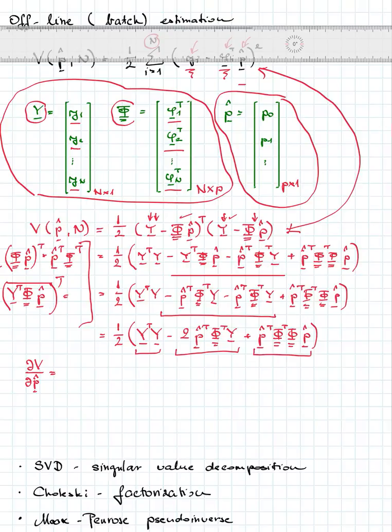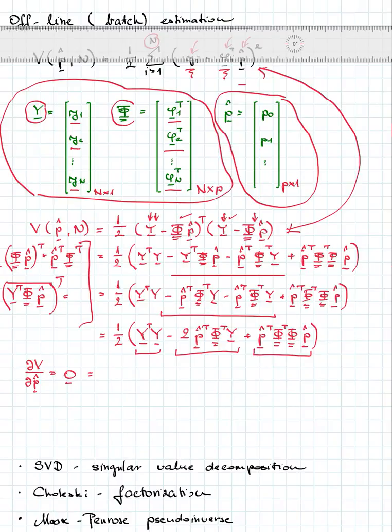So if we take the derivative of V according to p hat, we have to get 0, because in this case this quadratic function has a minimum. So we have to take the derivative and make it equal with the 0 vector, of course. And in this case, we are going to get the following. The first element containing y transpose y, we can forget it.